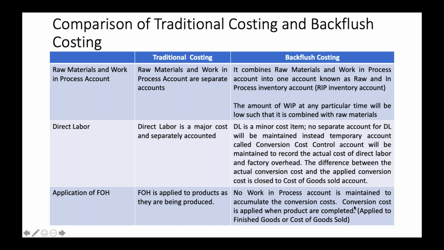Conversion cost, which includes both labor and overhead, will be applied when products are completed, not during production, and therefore we will not have a work in process account, but only upon completion directly to the finished goods. Or if we will not be using finished goods, directly to the cost of goods sold. So this is a faster way of accounting for overhead and labor, and of course the materials, faster as compared to traditional costing.